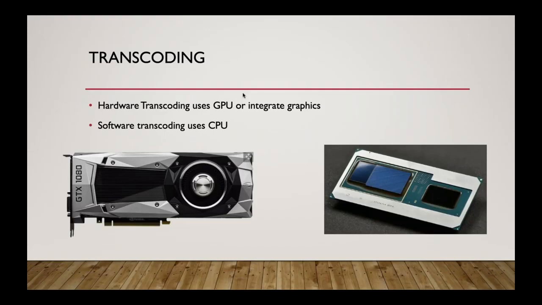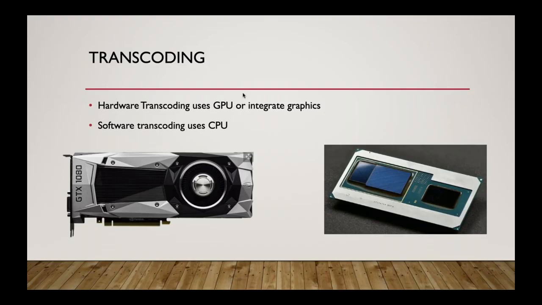Transcoding. If you want to use the NAS as a media server, transcoding is an excellent feature. Transcoding allows you to convert a video stream from one format to another. Let's say whatever you're playing the video stream on can't handle the format you have. You can change the format to make it compatible. Also, let's say your Plex server is at home and you're at some hotel using hotel Wi-Fi that's not that fast.